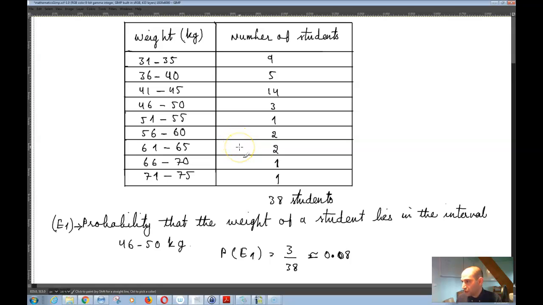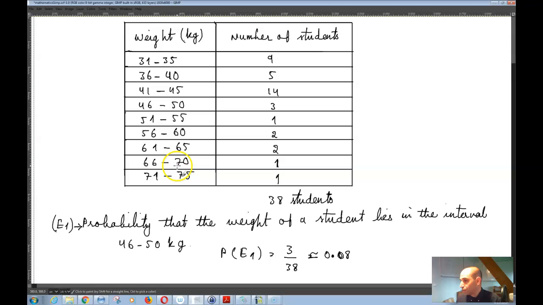As an example of probability 1, you can say the probability that the weight of a student was between 31 and 75 kilograms.